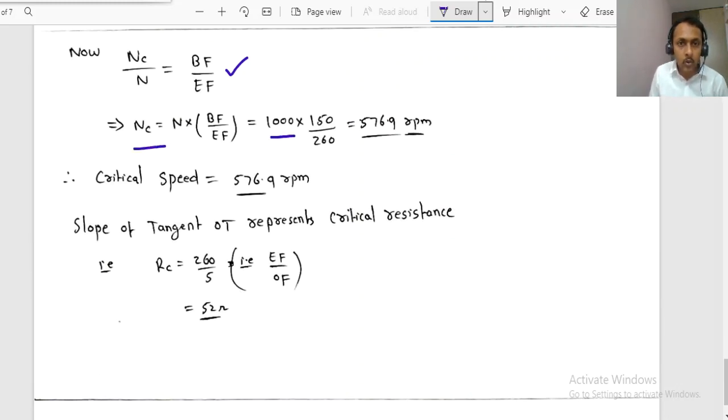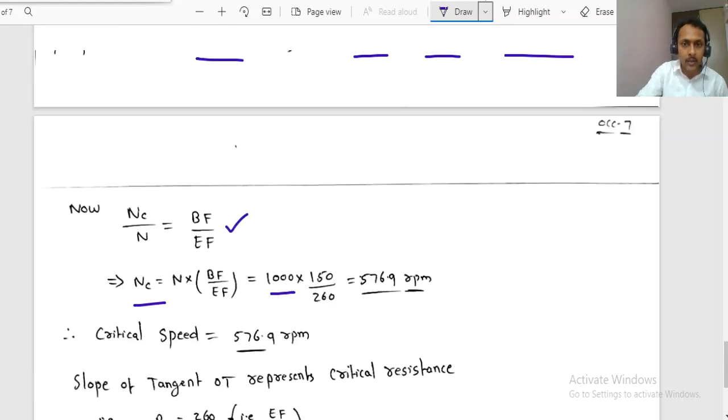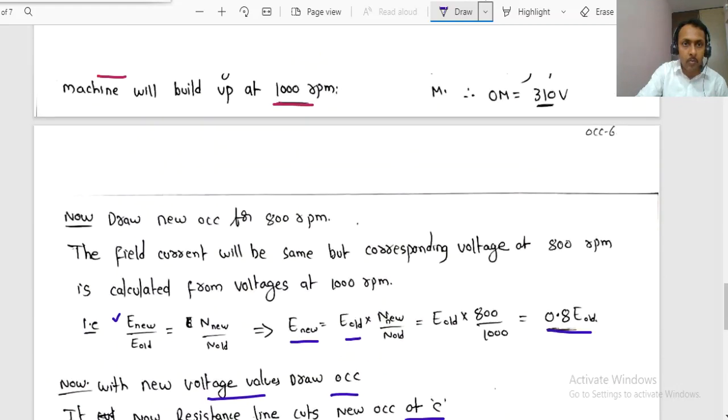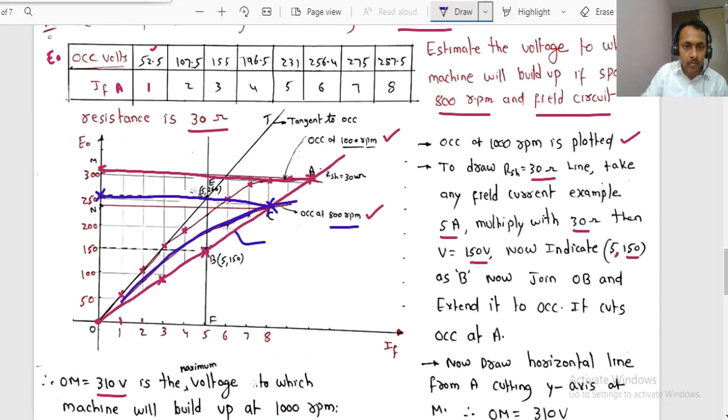N we already know, 1000, into the BF length. BF by EF length we want. BF from B to F and EF from E to F. This length is required.